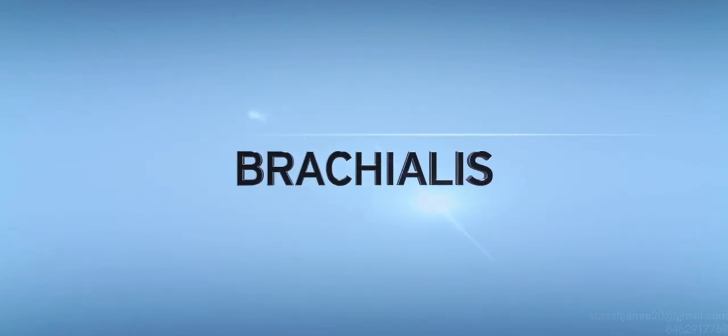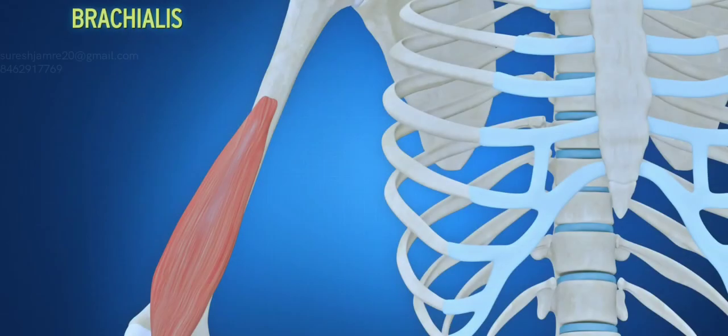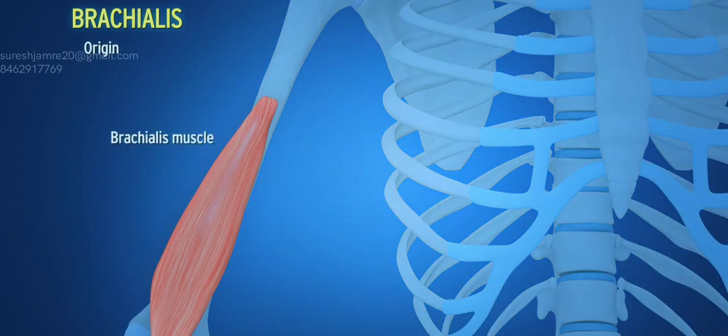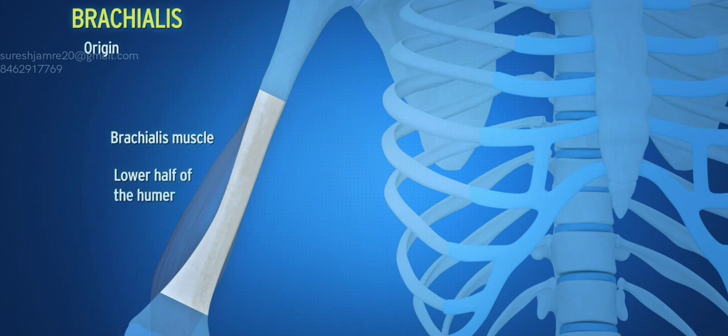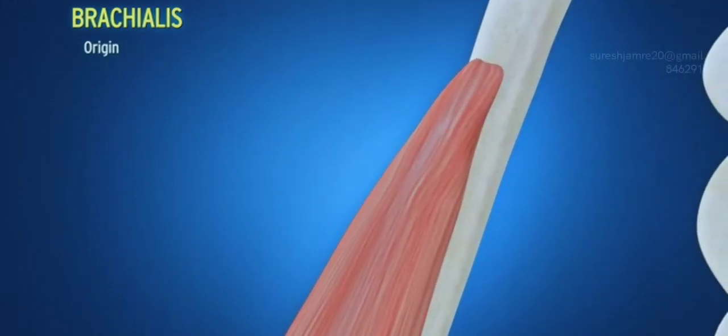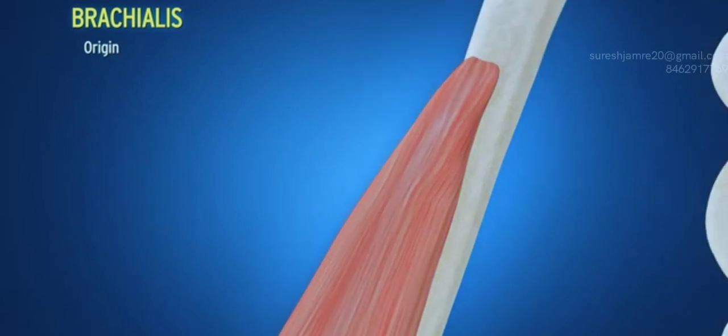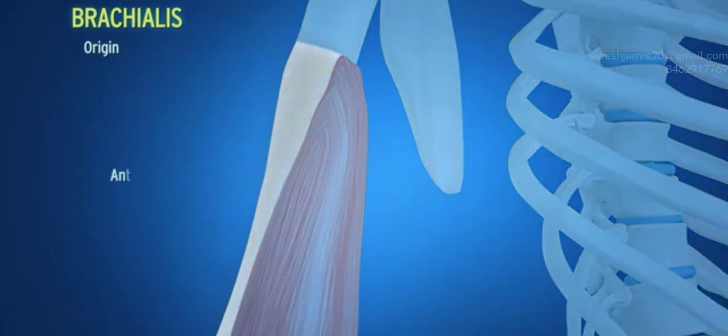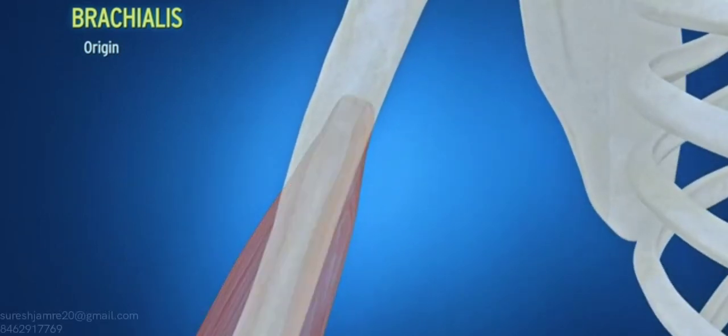Brachialis. Origin. Brachialis muscle arises from the lower half of the humerus. It arises from both anteromedial and anterolateral surfaces and also from the anterior border of the humerus.